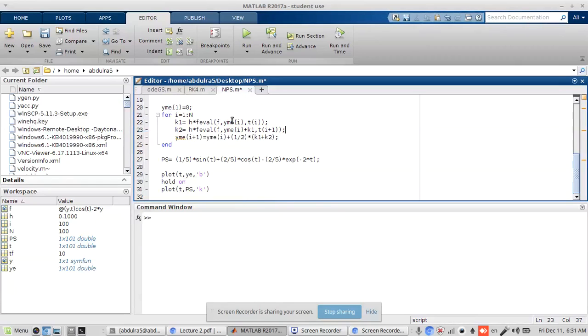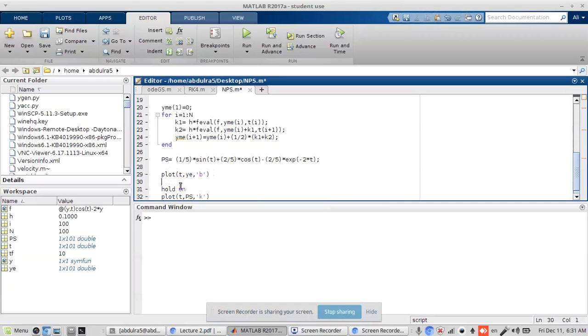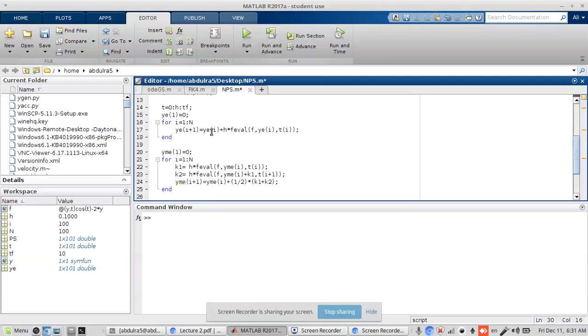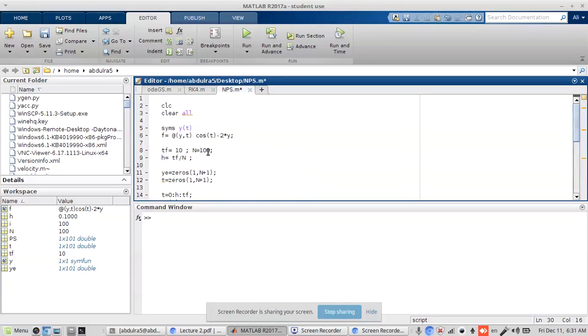So for the modified Euler method, let's plot this also with some distinction. Let's make it green, for example, and see what the differences are between Euler and modified Euler, if there are differences.